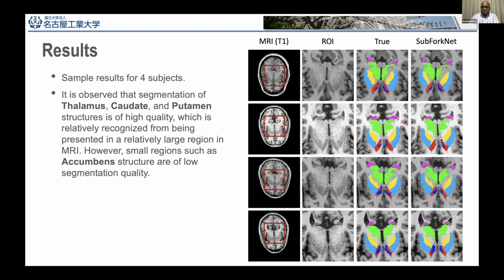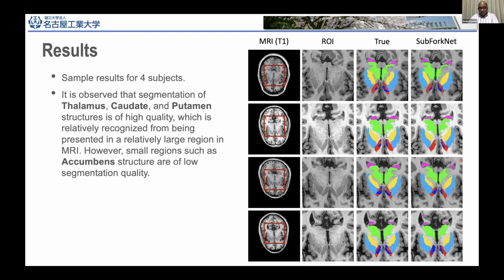So here are some results for 4 subjects. You can see here the input image, and this is a magnified region of the MRI. And this is the true segmentation by the semi-automatic method, and this is the segmentation by sub-ForkNet. You can see here some quite matching results.